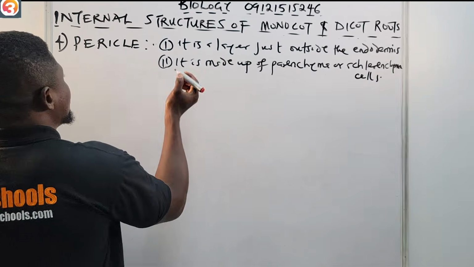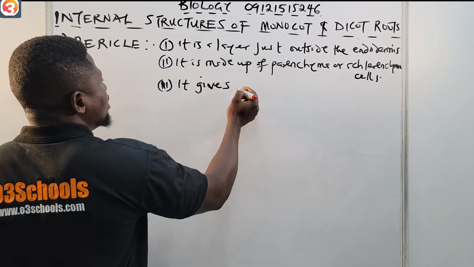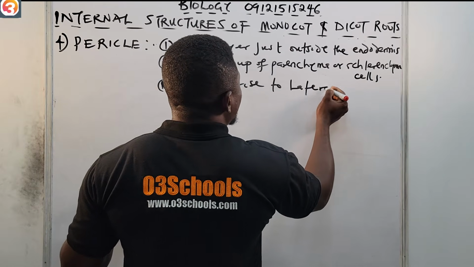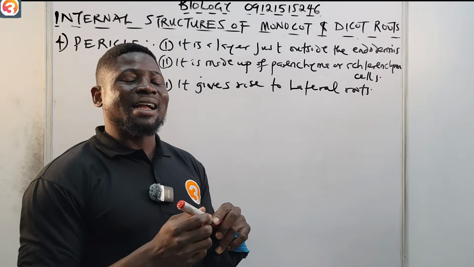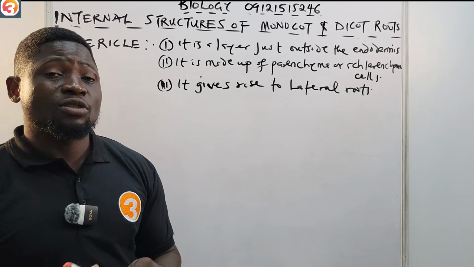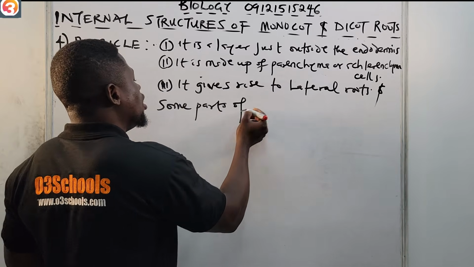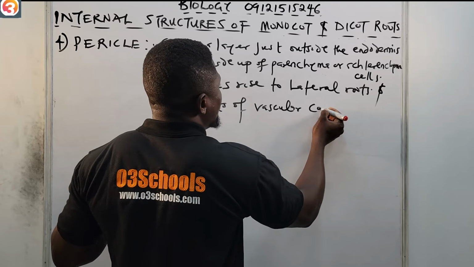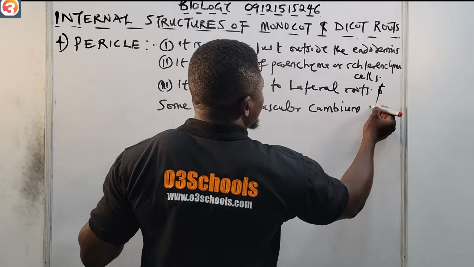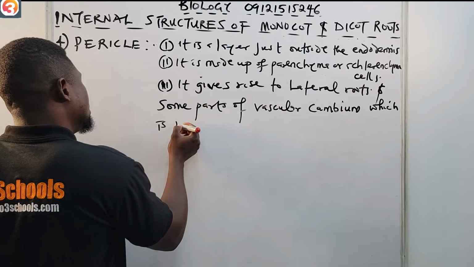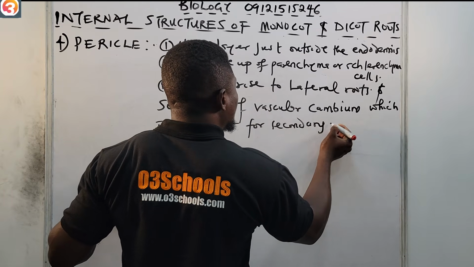Then number 3, it gives rise to lateral roots. It gives rise to the lateral roots and some parts of the vascular cambium, which is very necessary, very important for secondary growth.